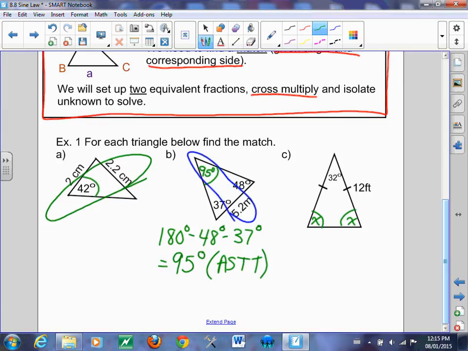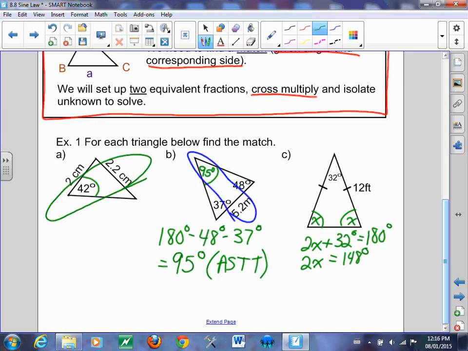And what do we know about a triangle? That all the angles add up to 180 degrees. So x plus x is 2x, plus 32 equals 180 degrees. Let's get the x term by itself. So 2x equals, you take 180 and subtract 32. It's going to be 148.